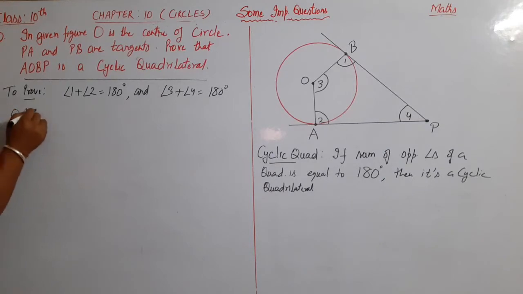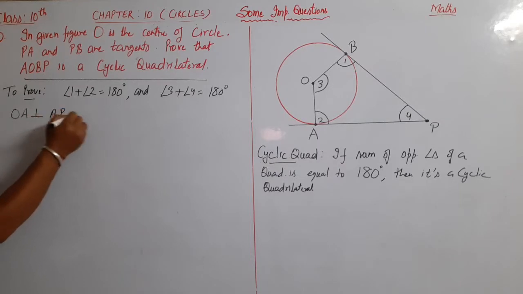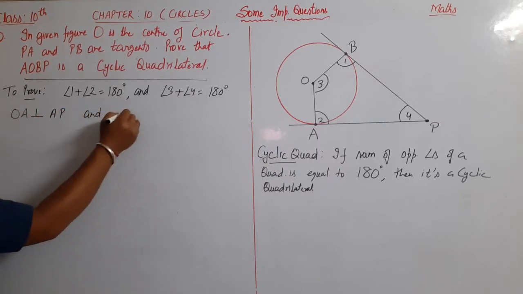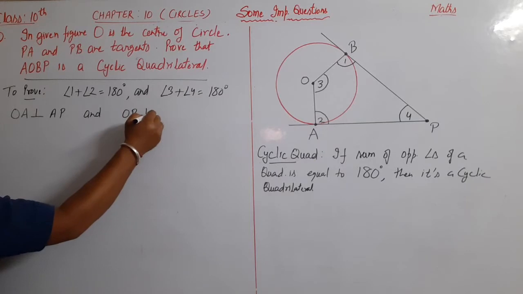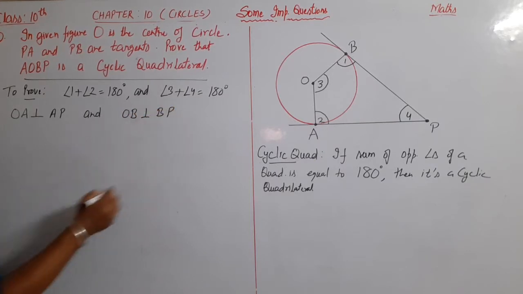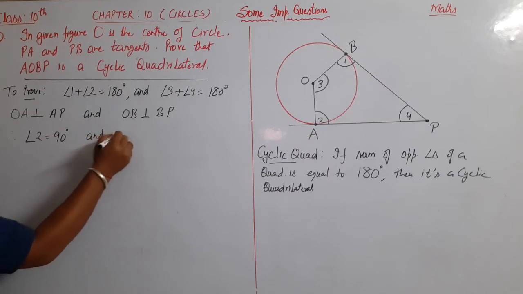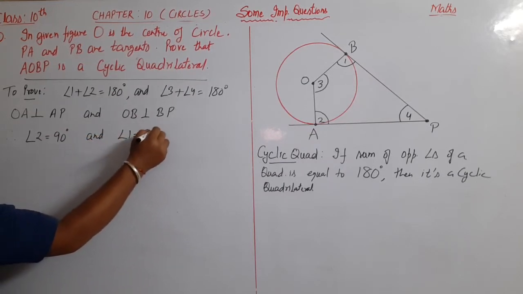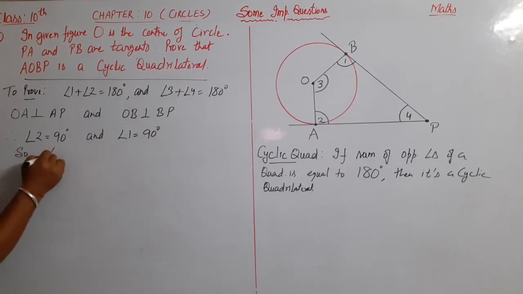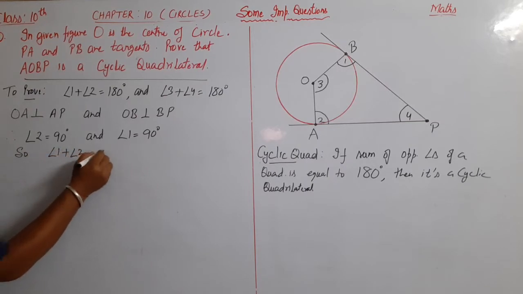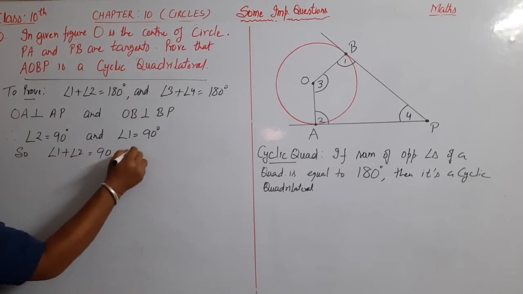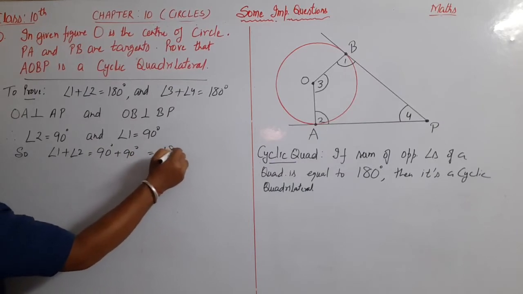OA is perpendicular to AP and OB is perpendicular to BP. Therefore, angle 2 is equal to 90-degree and angle 1 is equal to 90-degree. So angle 1 plus angle 2 is equal to 90 plus 90-degree is equal to 180-degree.